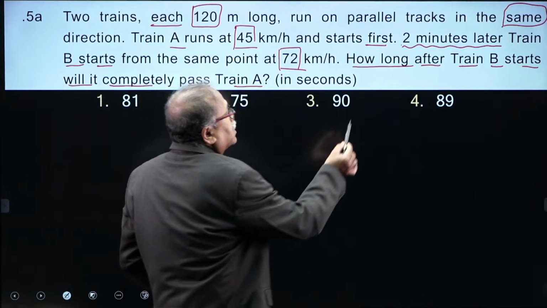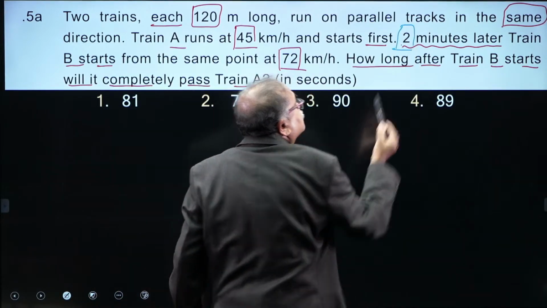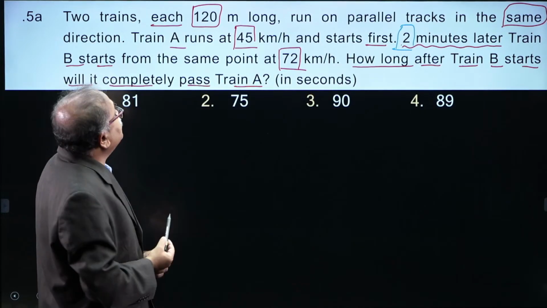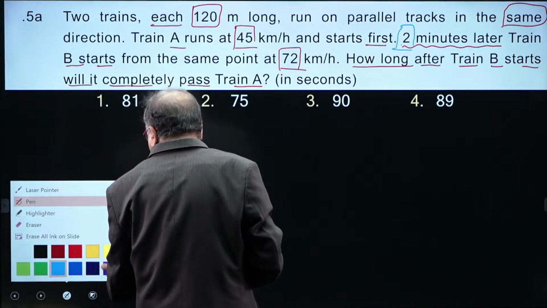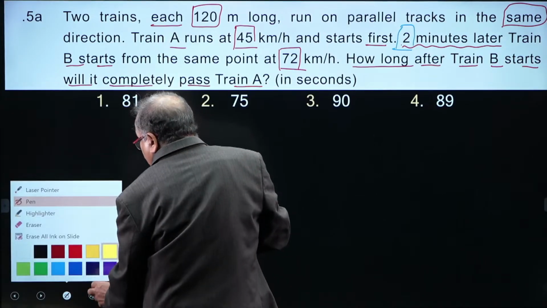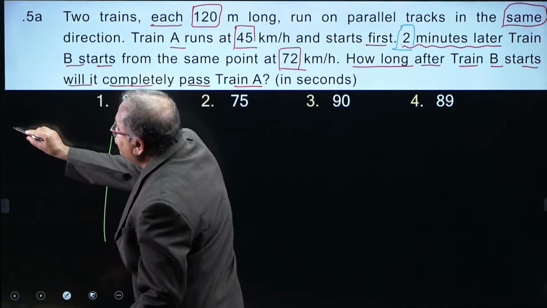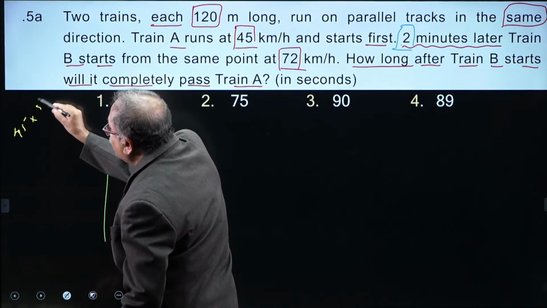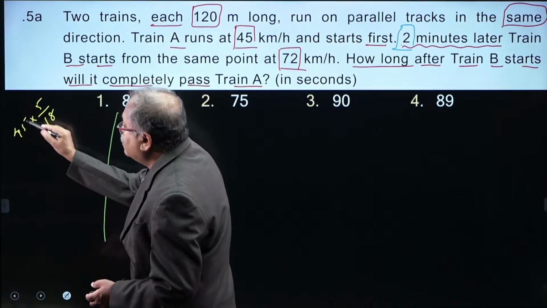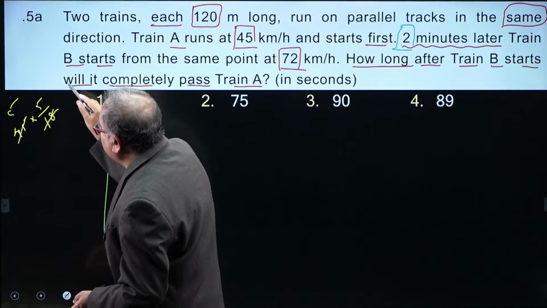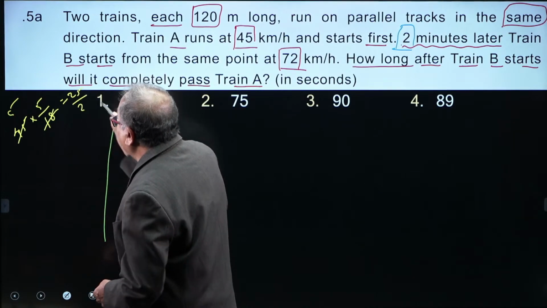The second train starts after 2 minutes. What is the speed of the first train? 45 km per hour. So, when it is 45 km per hour, how many meters does it cover in 2 minutes? That is 45 into 5 by 18. I am just converting to meter per second. So, you notice that 9 5 times 2 times, 25 by 2 meter per second.